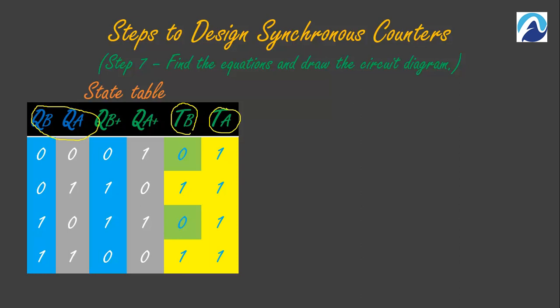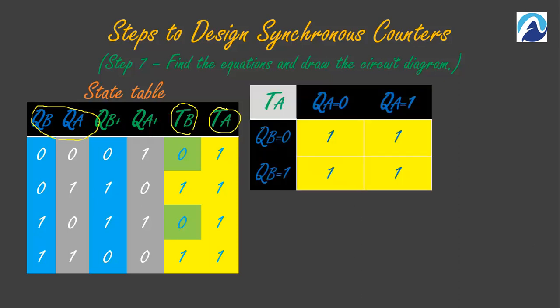We are going to neglect the values QB plus and QA plus. Now I'm going to fill this K-map. On the row I have the QB value, 0 and 1, and for the column the value of QA is 0 and 1. So I'm going to find the equation for TA in terms of QA and QB.